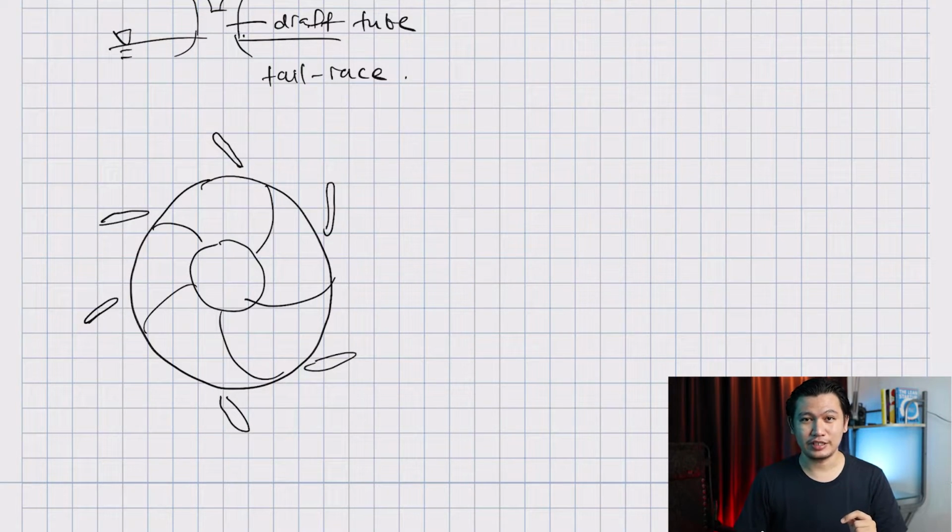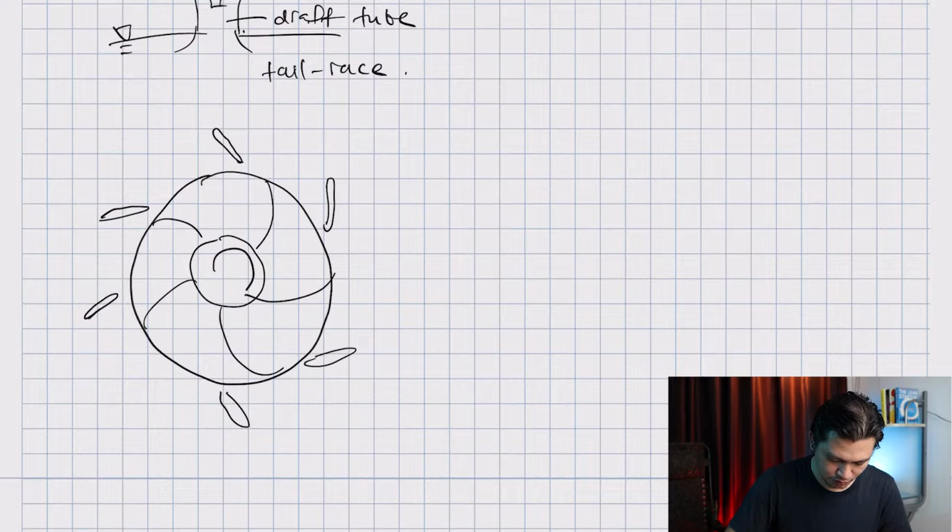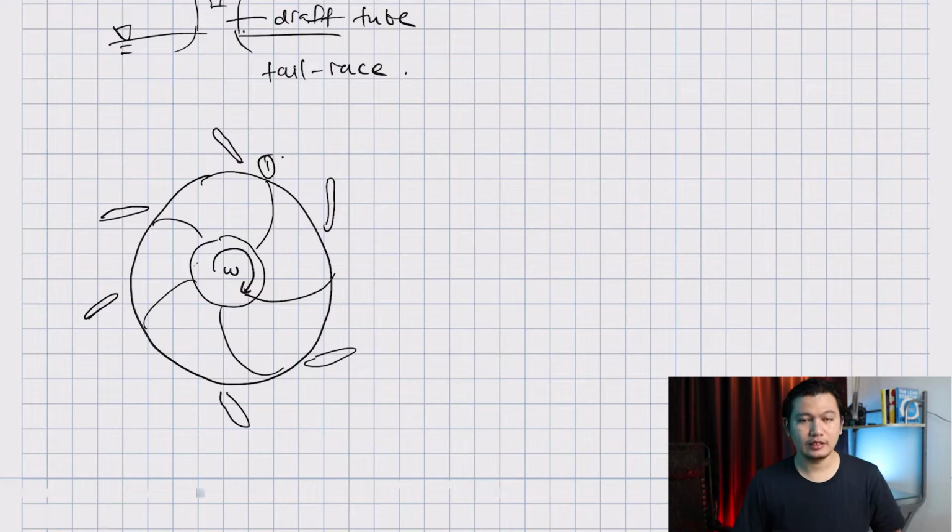Only the runner rotates. If this is rotating in clockwise direction, I'm going to label omega there. Inlet would be here at 1 and exit would be here at 2. This is just the reverse of pump. For the pump, the inlet is at the eye and the exit at the outer edge of the diameter.